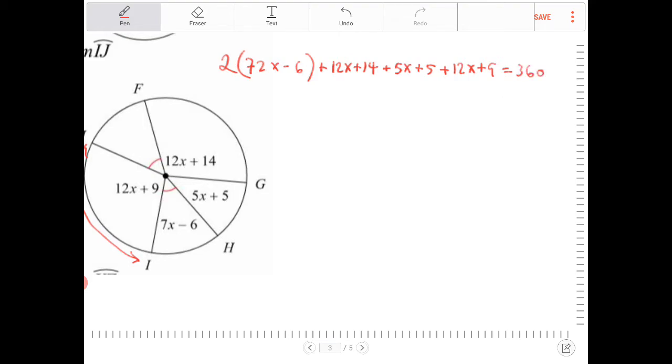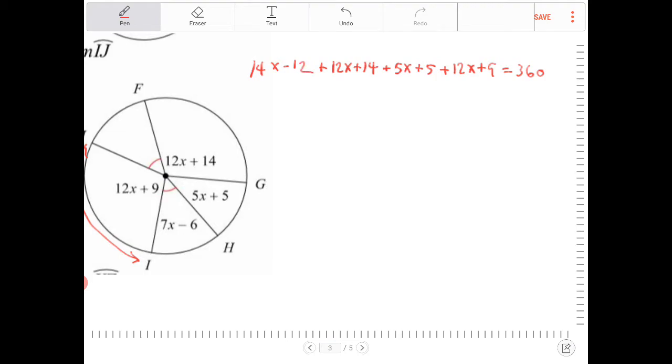So I want to distribute the 2, so I really have 14x minus 6 plus 12x plus 14. Actually, I'm not going to write that all over. I'm just going to write this as 14 and 12.